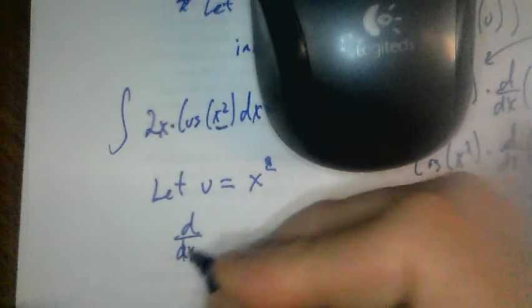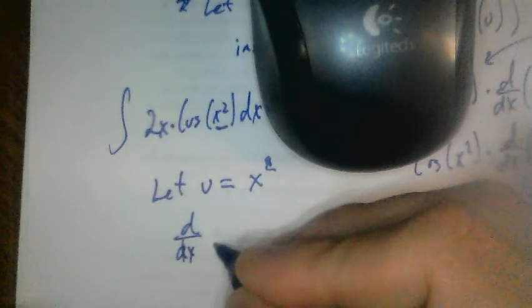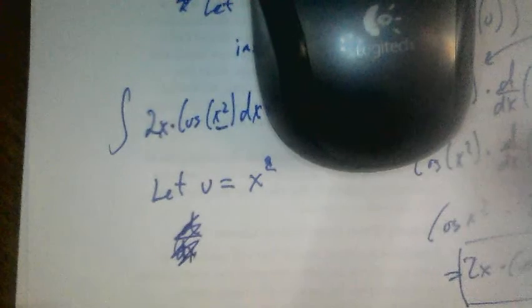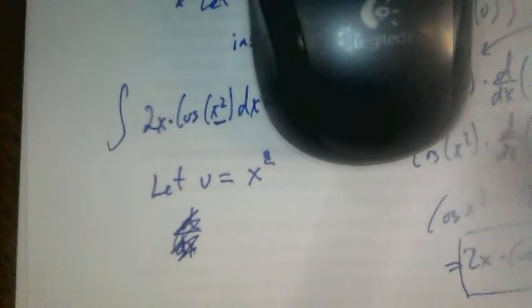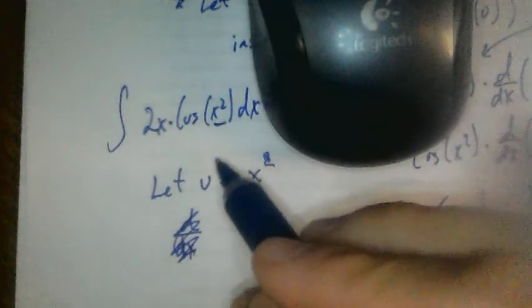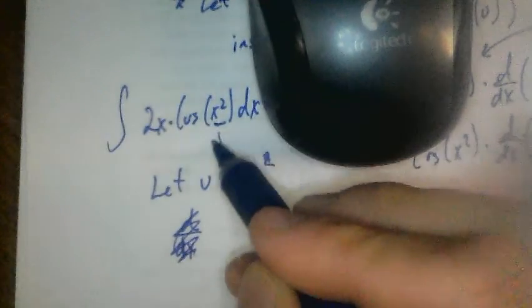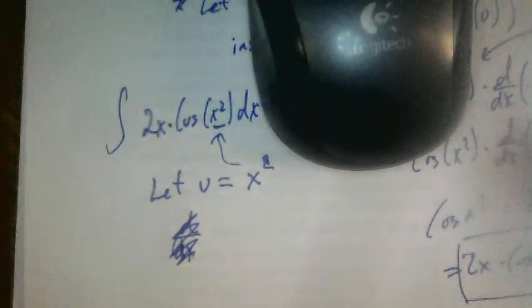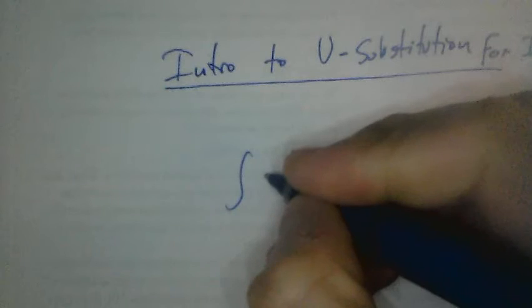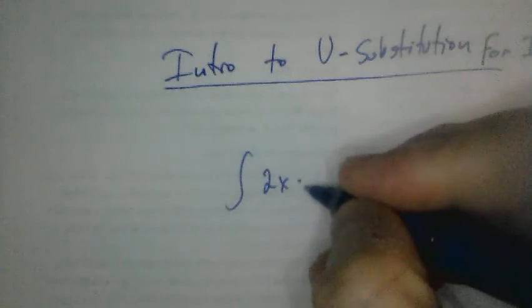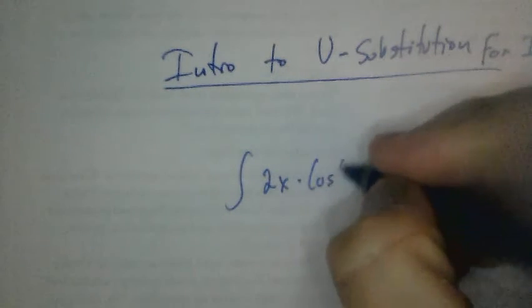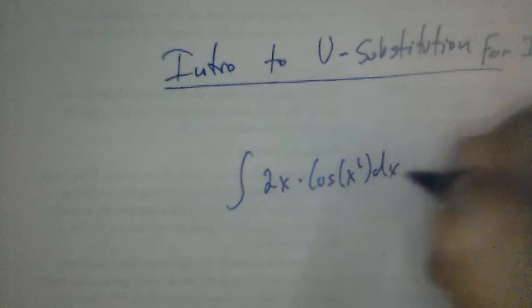So let's just plug u equal x squared in here, right? So what I get then is the indefinite integral of 2x times cosine of x squared dx, and I know that u is x squared. I'm going to put this in here. So we have the indefinite integral of 2x times cosine of u dx, right?